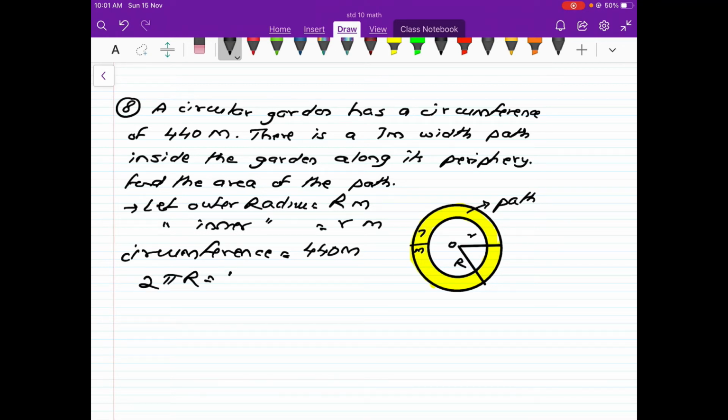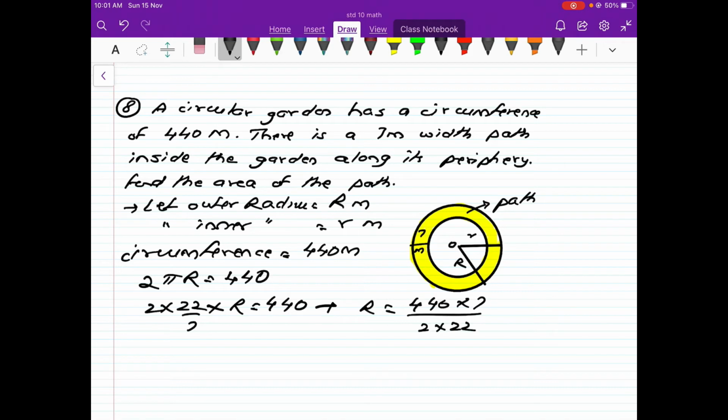So 2 into 22 by 7 into R is equal to 440. It means R is equal to 440 into 7 upon 2 into 22.